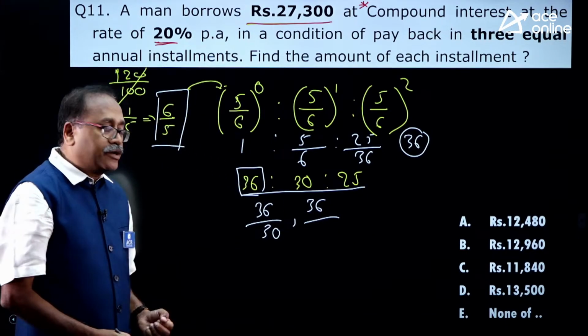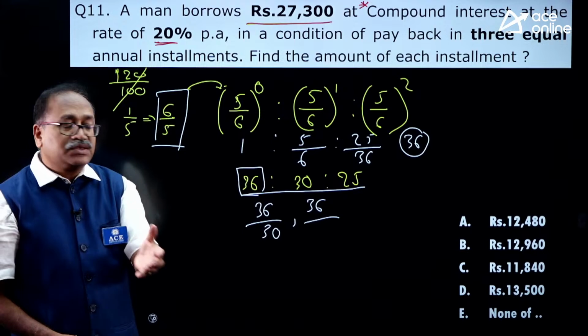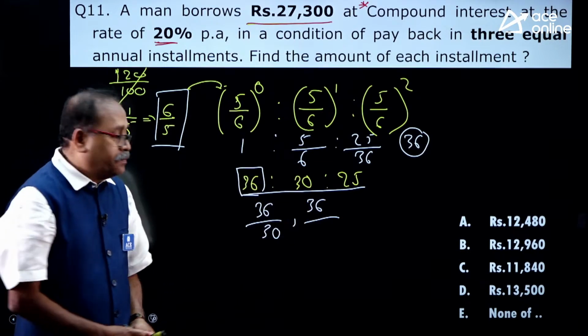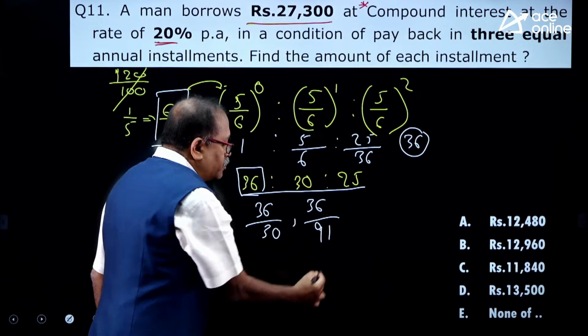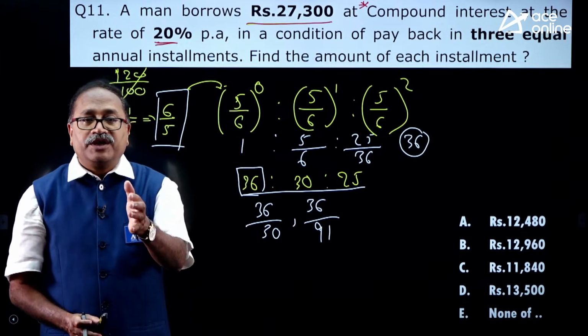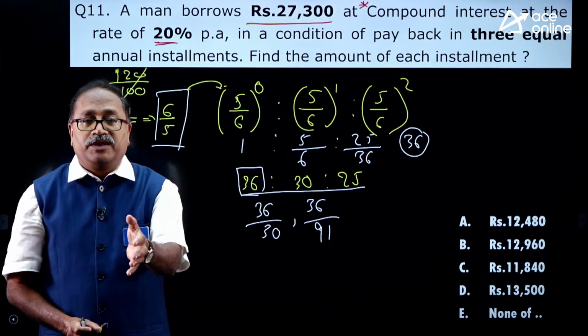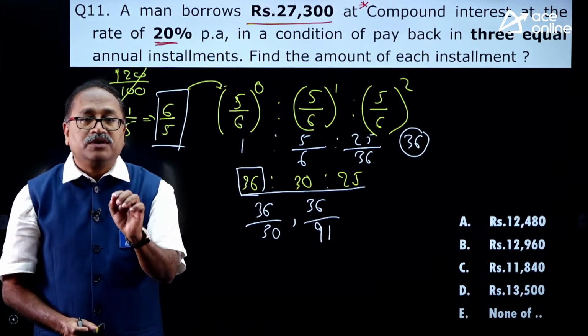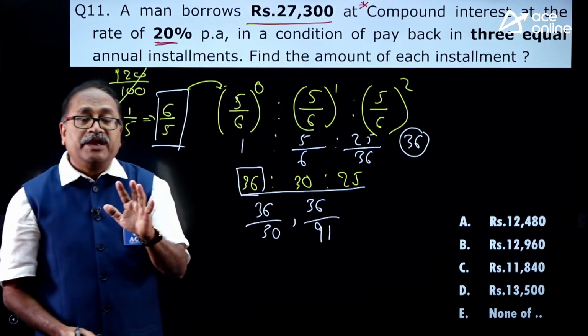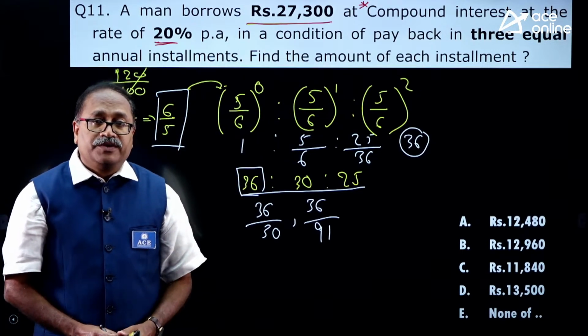What is that total part? 36 plus 30, 66, plus 25, 91. So multiply the principal with these fractions, and you will get the 3 equal installments. This is the short trick to answer questions of compound interest paid in 3 equal installments.